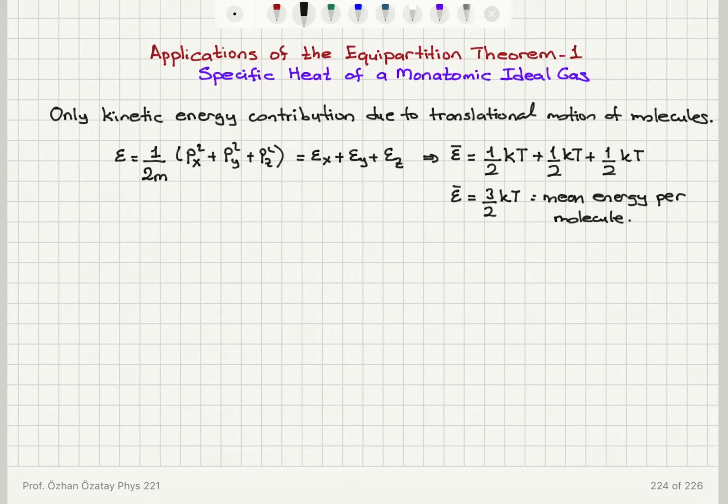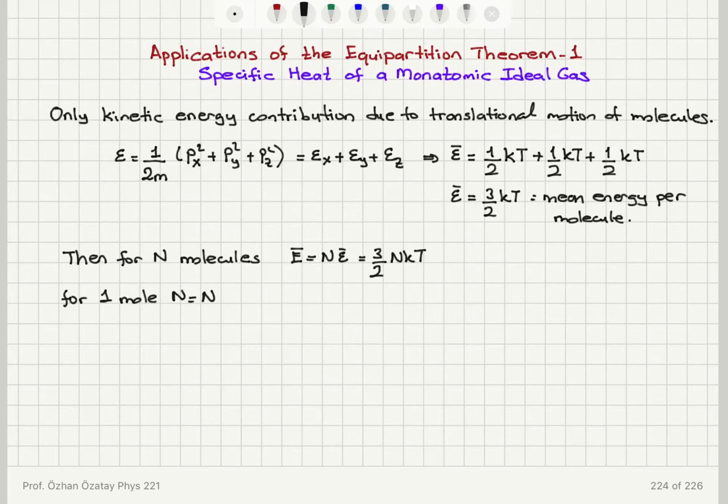Now, if you have a total of capital N molecules, we can write the total mean energy. This is going to be capital N times the mean energy per molecule, epsilon bar. So this will be equal to 3 over 2 NkT. And for 1 mole, the number of molecules is equal to Avogadro's number, 6.02 times 10 to the 23 molecules.